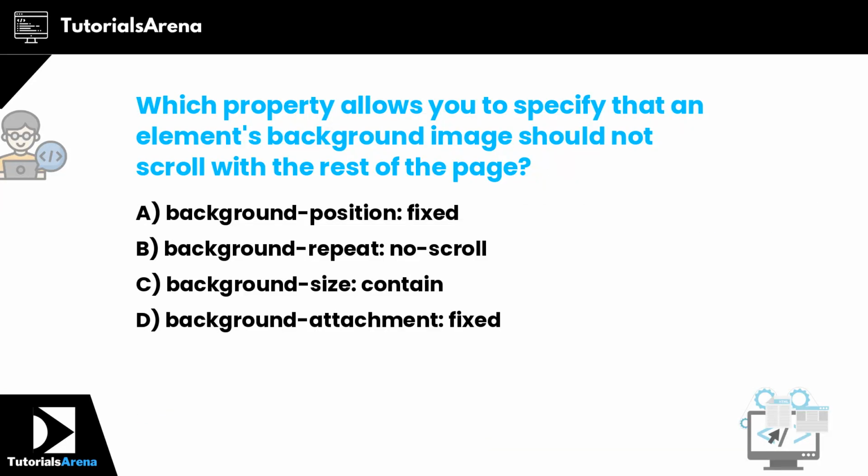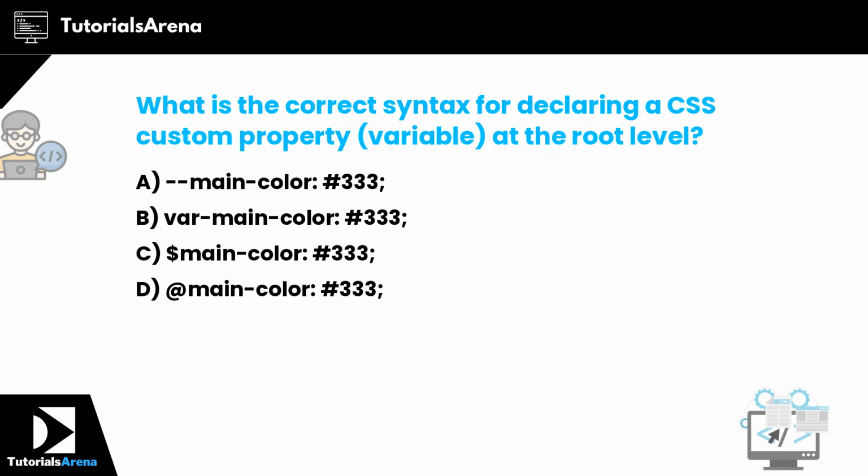Which property allows you to specify that an element's background image should not scroll with the rest of the page? The correct answer is option D, background-attachment: fixed. What is the correct syntax for declaring a CSS custom property, variable, at the root level?